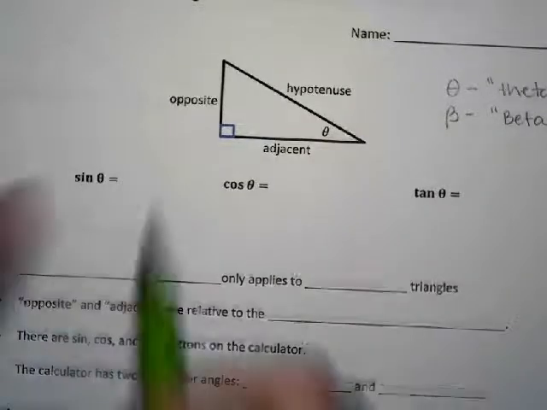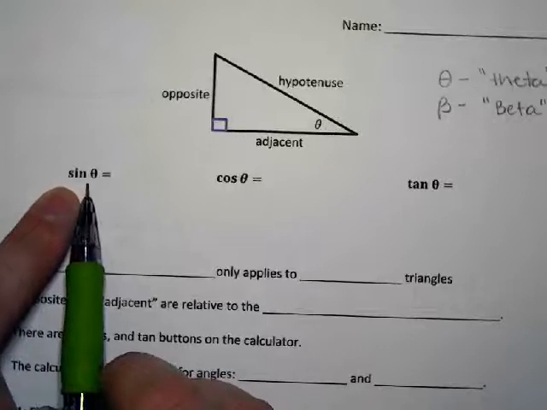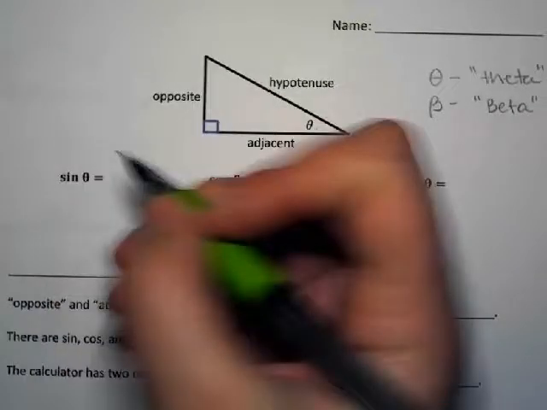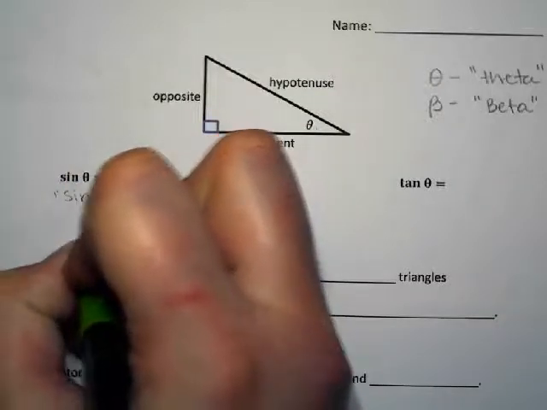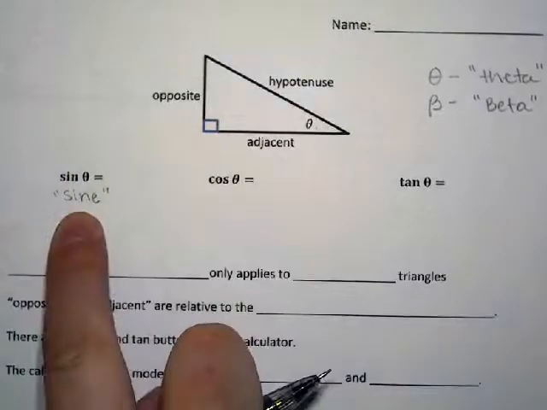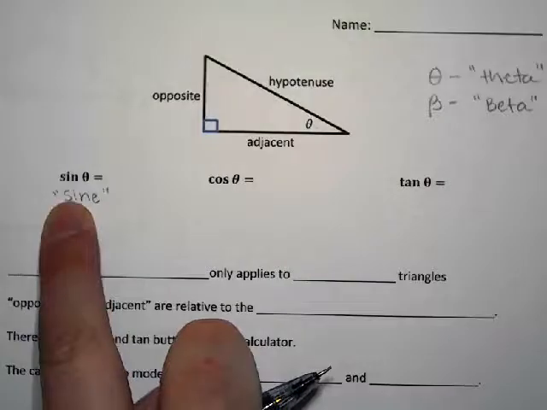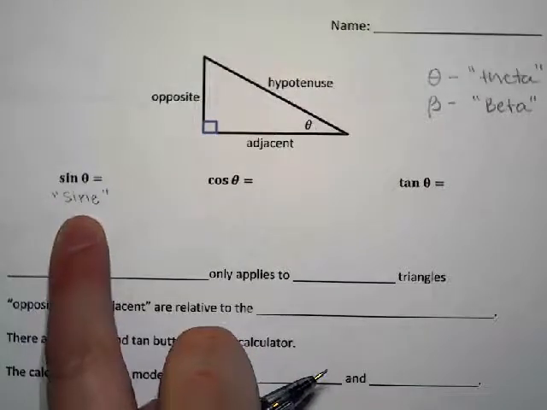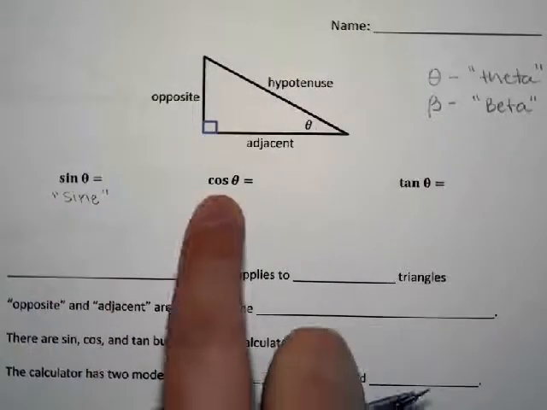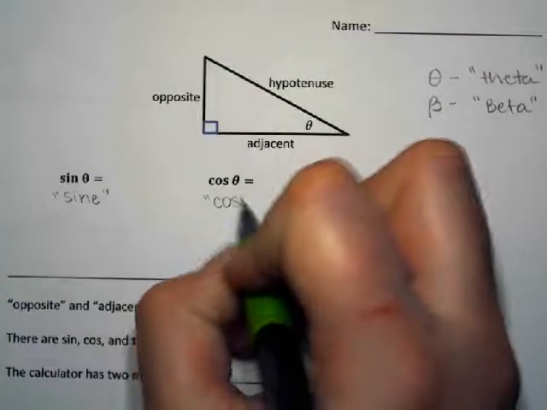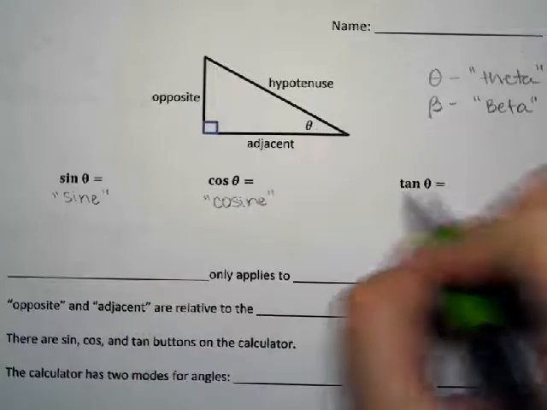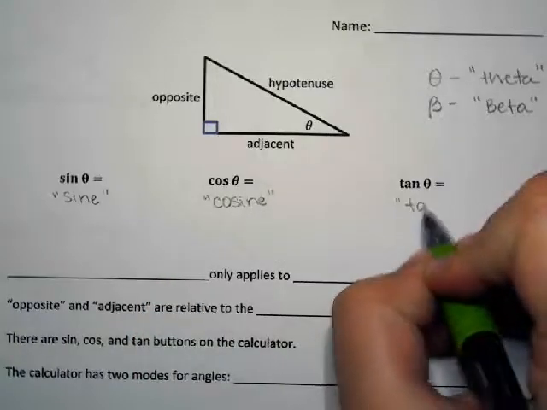Okay, so the three trig functions we're going to talk about are sine. I'm going to write how they're spelled so you can see it. So it's sine, S-I-N-E. That's why it's not pronounced sin, because that's actually an abbreviation for the word sine. It has an E on the end. This is cos, but it's a shorthand for cosine. And then tan is a shorthand for tangent.